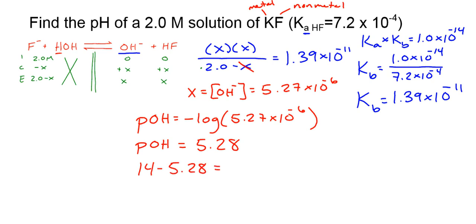So I need to take that and subtract it from 14. And I get a final pH of 8.72, which is basic, and that should make sense. So a solution of KF salt will have a pH of 8.72 if I have a 2 molar concentration.